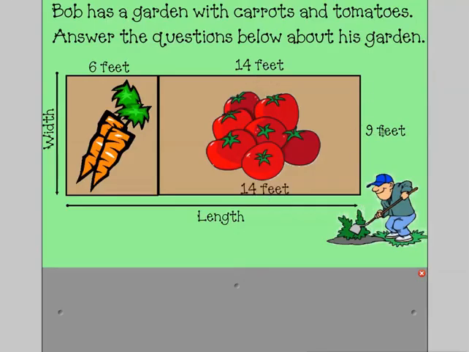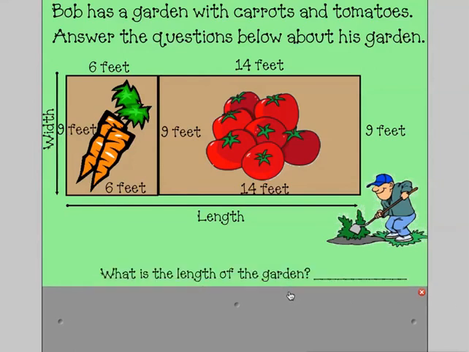And if this is 9, we know that this piece right here is 9. And if this part of the carrot section is 6, because opposite sides of rectangles are the same, I know that this is 6. And if this is 9 right here, then I know this piece over here is 9 feet as well. So now that we've done that, let's answer some questions about Bob's garden.